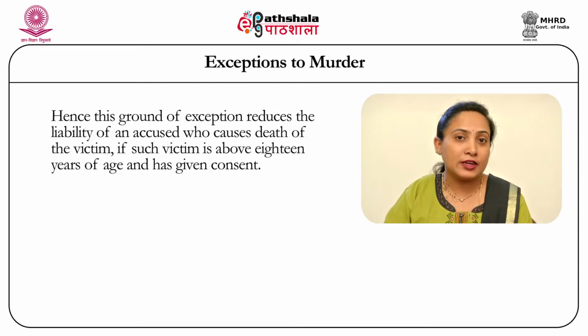The conditions that are to be proved over here, as said earlier, are that the victim is the one who has given the consent and the victim is the one who has crossed 18 years of age. Hence, in a case where the accused gets the consent of the victim, but because the victim is below 18 years of age, it doesn't make it a case of exception to murder and continues to be an offence of murder.